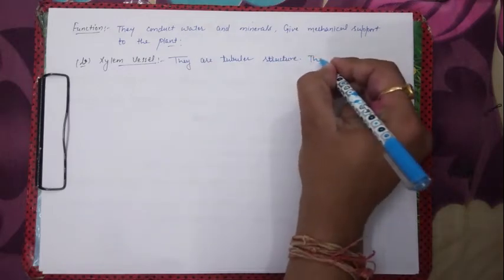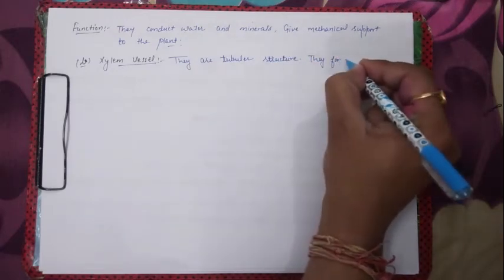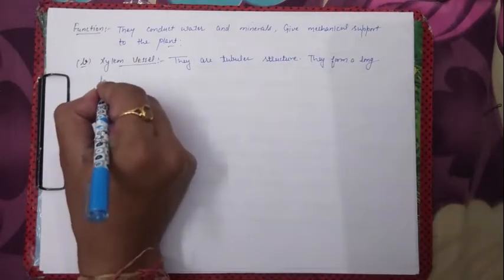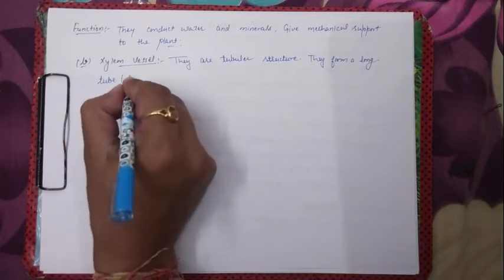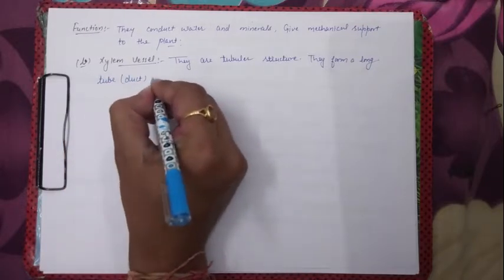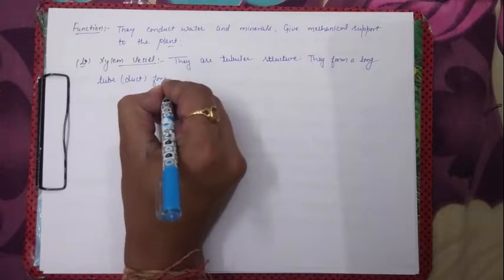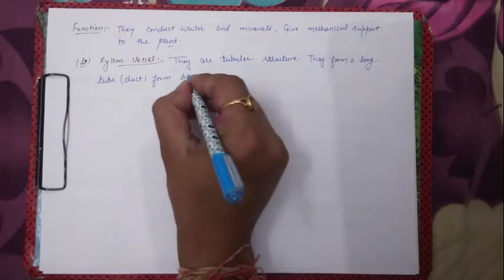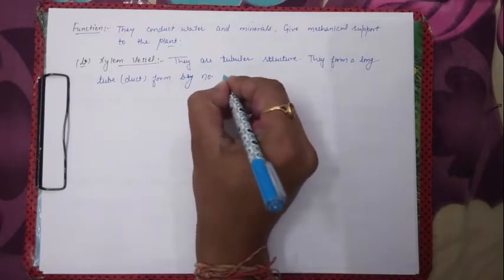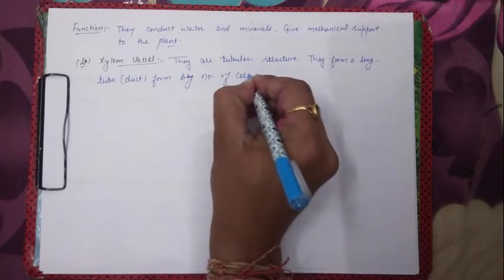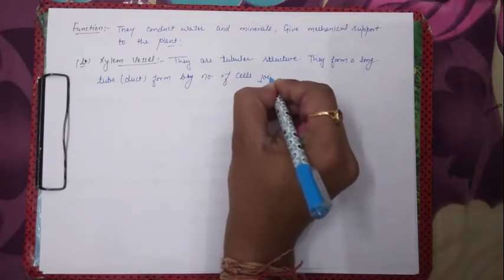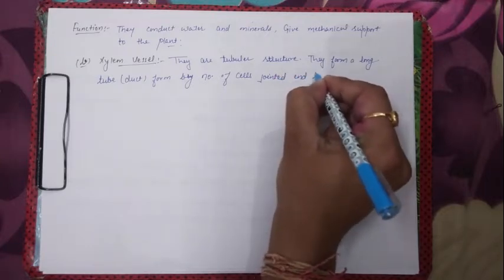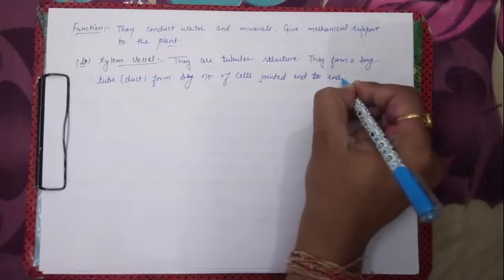They form a long tube. Generally, we can say it is a duct formed by a number of cells joined end to end.